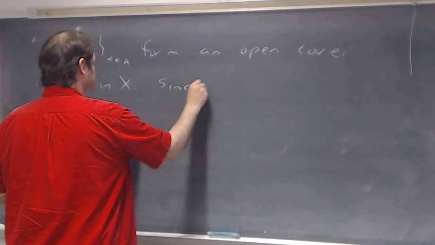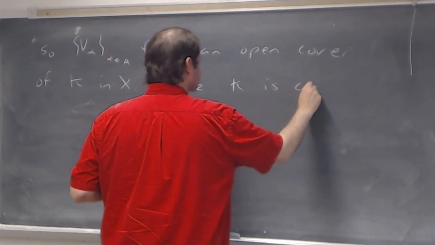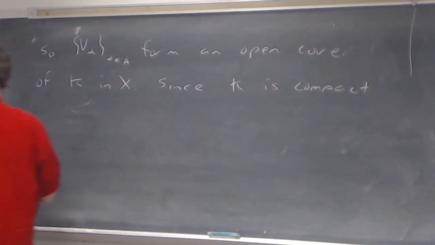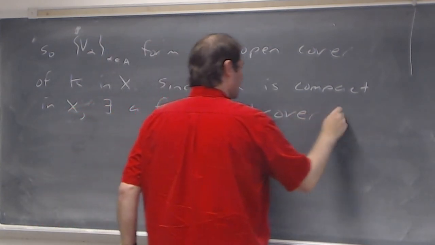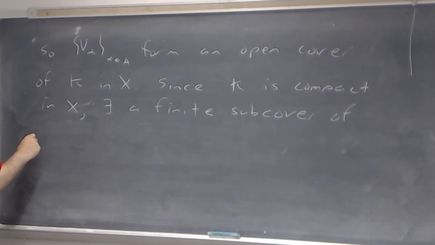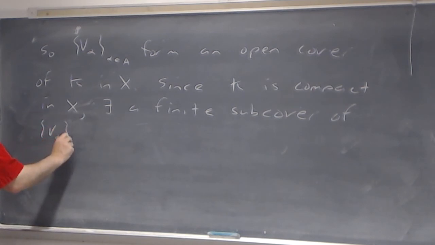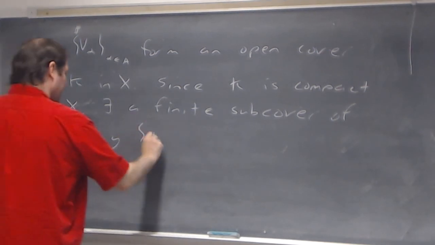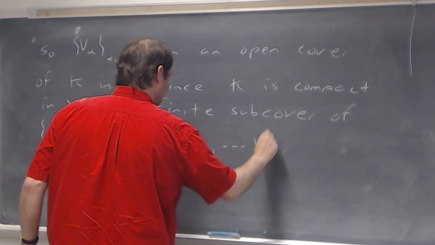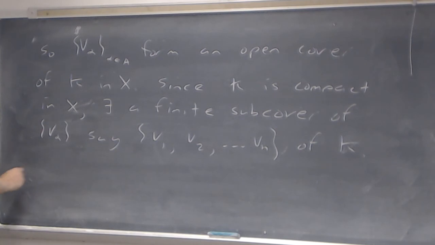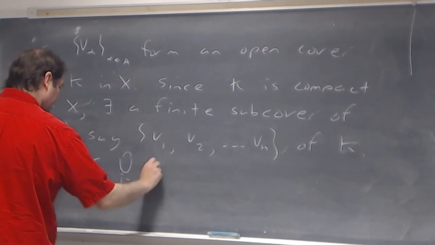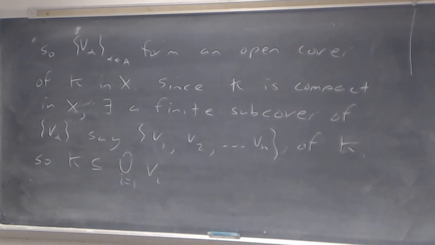So since K is compact in X, there exists a finite subcover of the V sub alphas, say V sub 1, V sub 2, up to V sub n, of K. So that means that K is a subset of this union as i runs from 1 to n of the V sub i's.